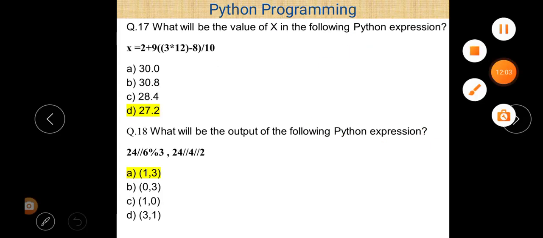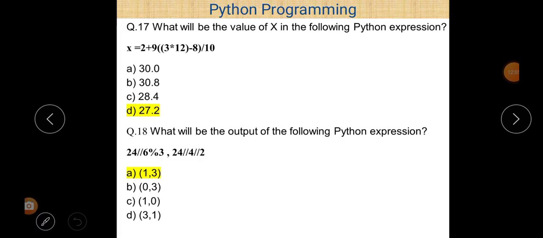Now let us take question number 17. The expression is 2 plus 9, and there are two parentheses here. First of all, we have to solve the inner parenthesis, which is 3 star 12.